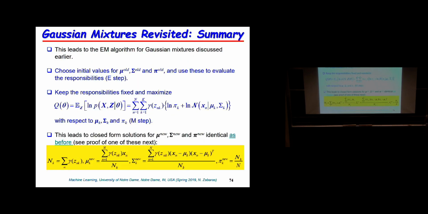In the E step, we calculate the responsibilities, and as a post-processing step, we calculate the expected value of this joint log likelihood, and then you start taking derivatives with respect to pi_k, mu_k and sigma_k, and you get the familiar results that look exactly like this. Now, this concept of forming the expected value of the joint log likelihood is extremely powerful, and it goes way above Gaussian mixtures.